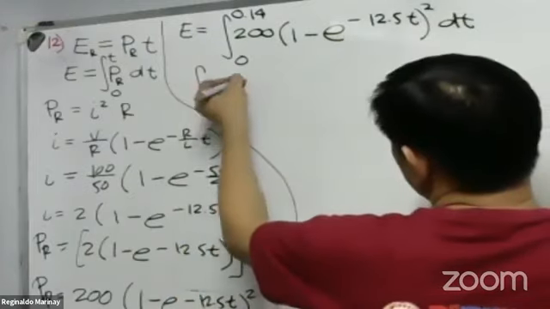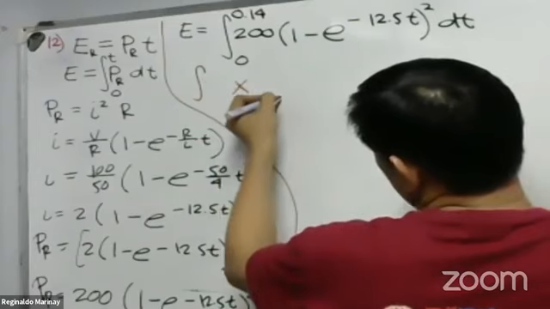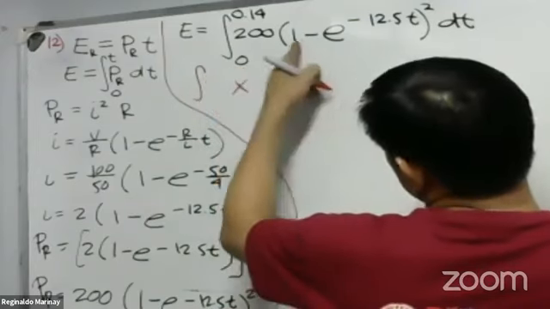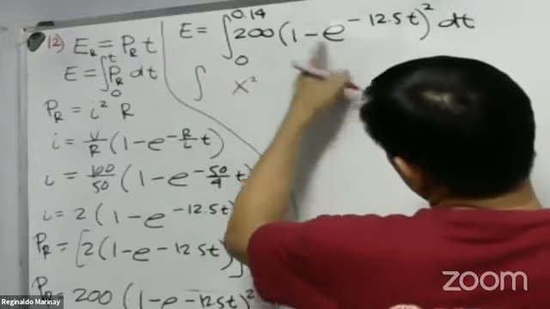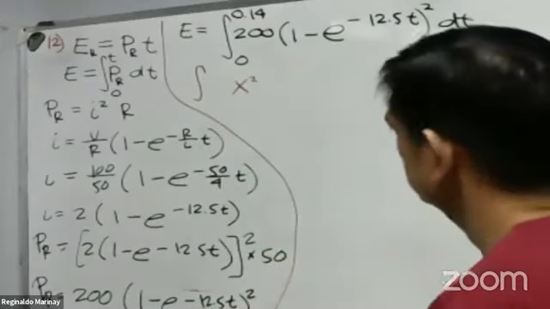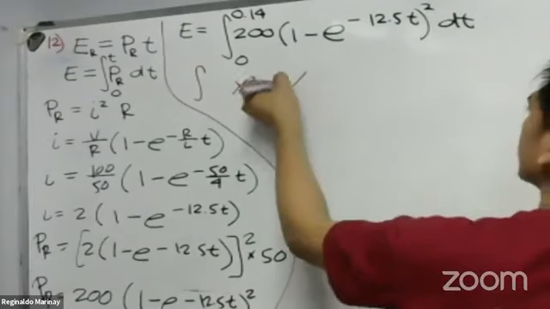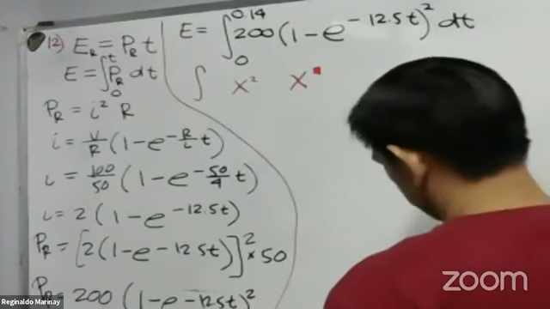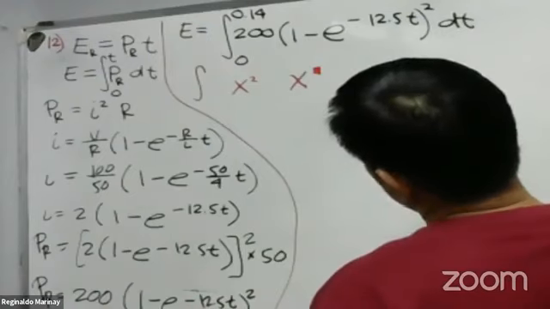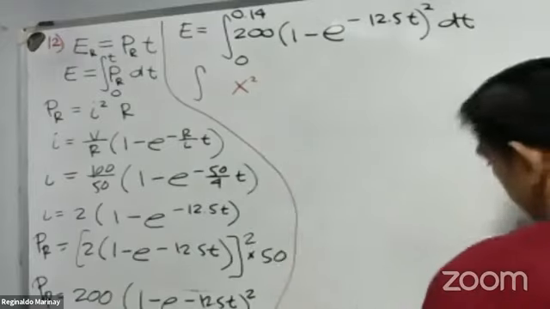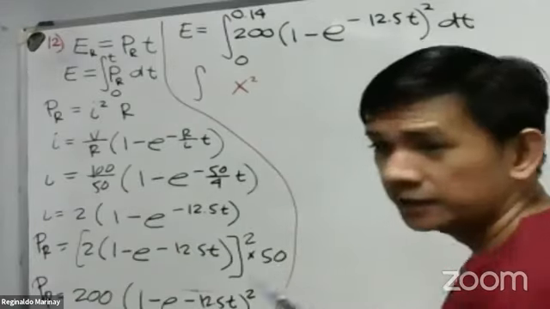For the squared, you input the equation, then square it, or you may use x squared. That's enough already. So what will be the value? What will be the answer?